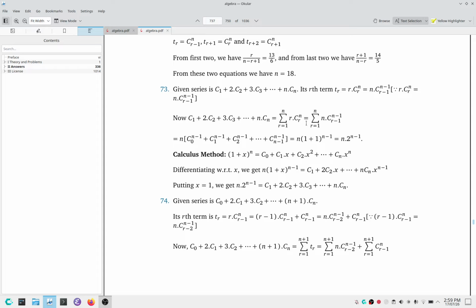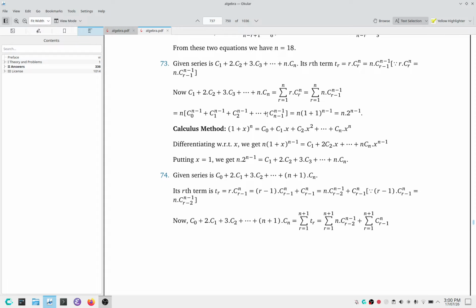So if you sum this, it will be n times (n−1)C(r−1). So take n out, you get (n−1)C0 + (n−1)C1 + (n−1)C2 up to (n−1)C(n−1), which is equal to n times (1 + 1)^(n−1), because if you put x is equal to 1, you will get this one. So you get n times 2^(n−1).